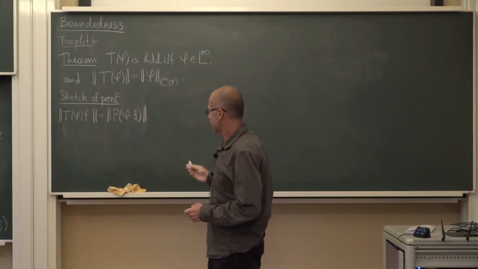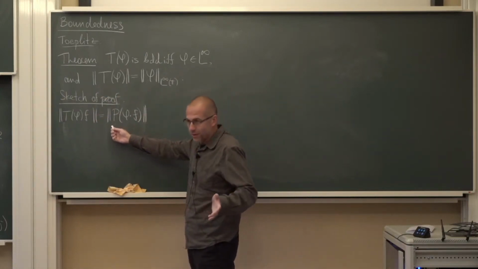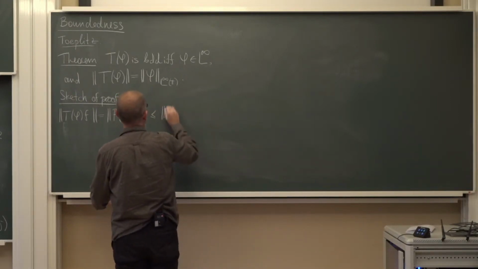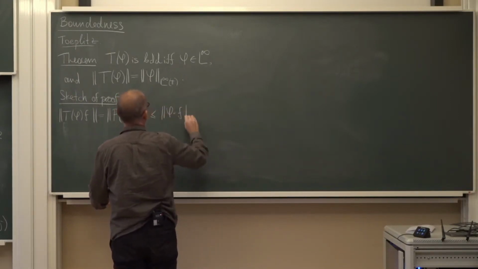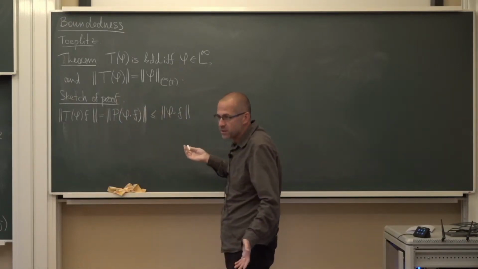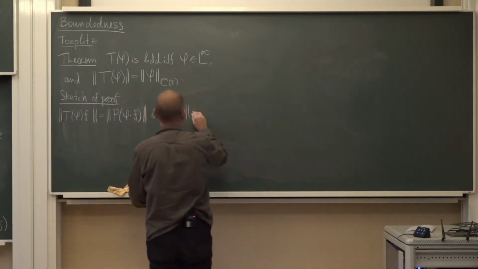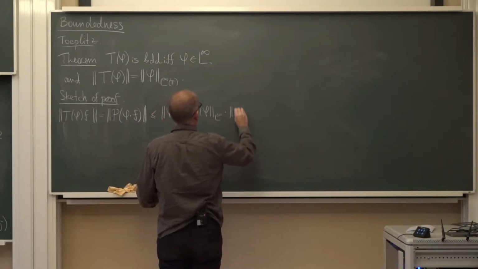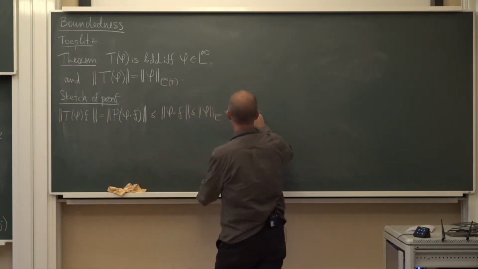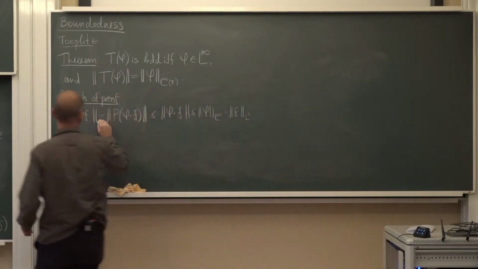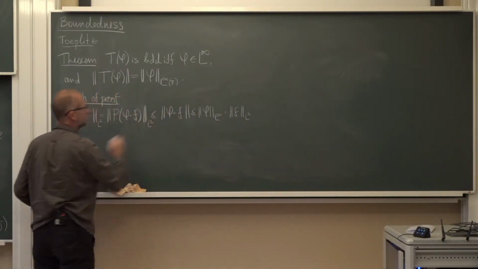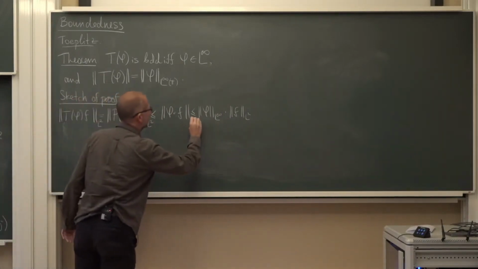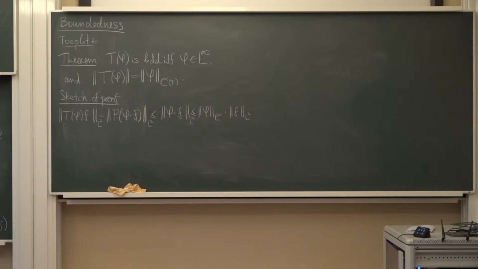Of course, the projection is an operator of norm 1, and multiplication by phi has the norm equal to the L infinity norm of phi, and that's it. So the norm of f is the L2 norm of f, of course. So in one direction, this is entirely obvious.